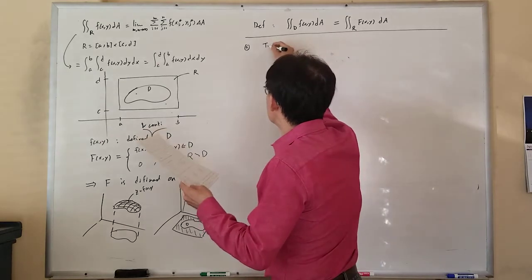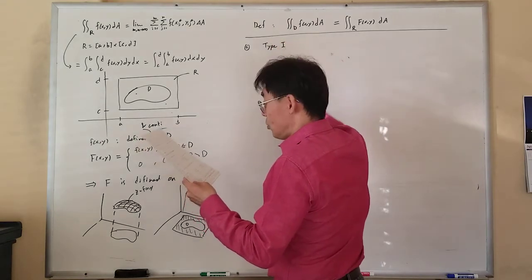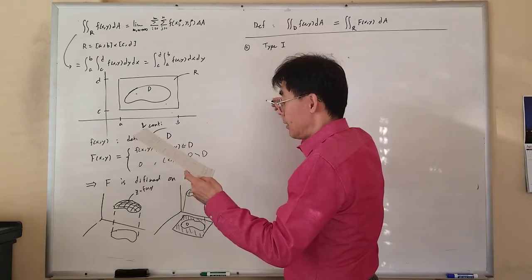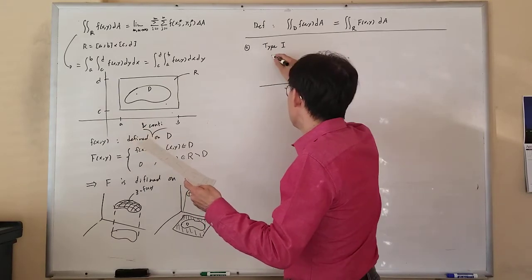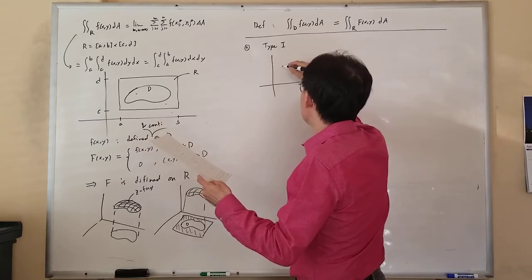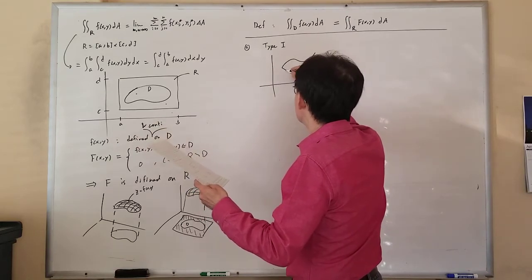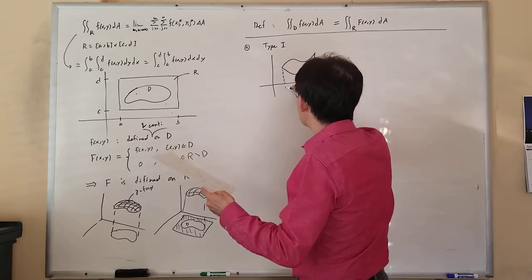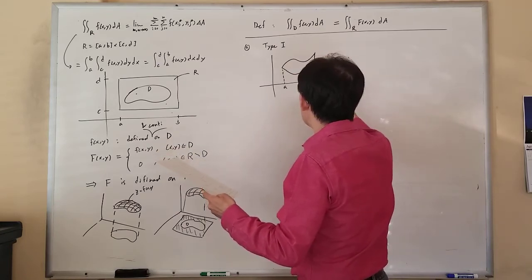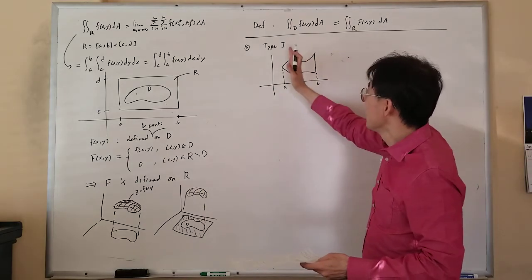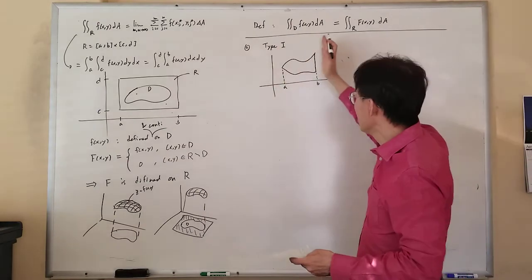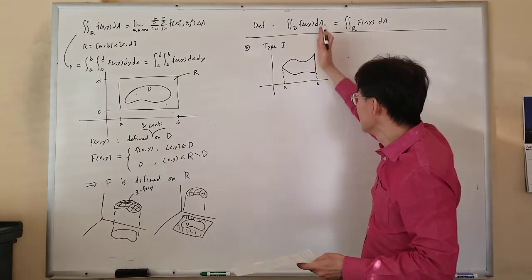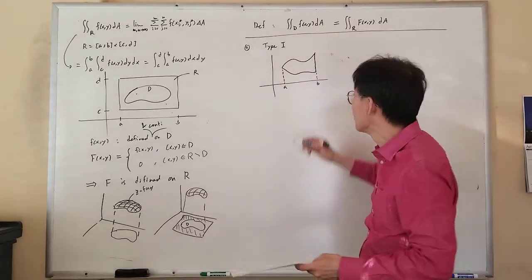First of all, a type 1 region is something like this. This region can be described as x going from a to b. The left-hand side is x equals a, and the right-hand side is x equals b. Sometimes a side can collapse to one point, or it could still be a vertical line segment.